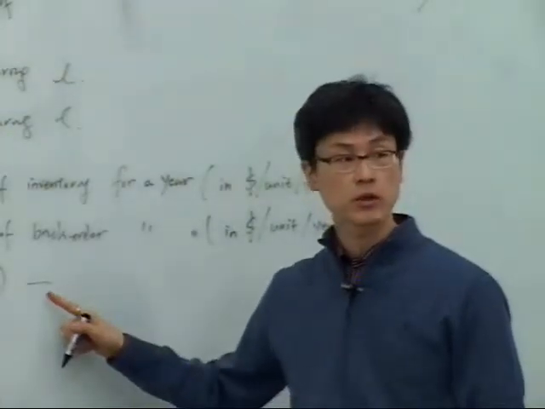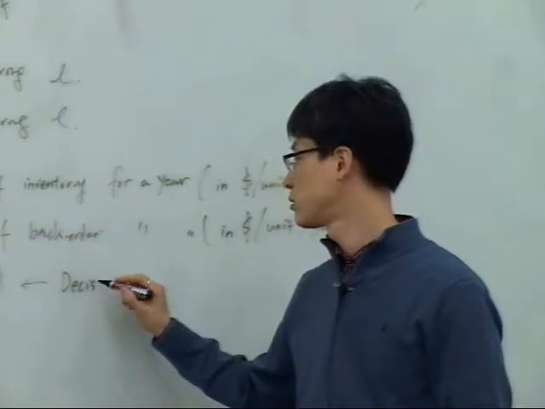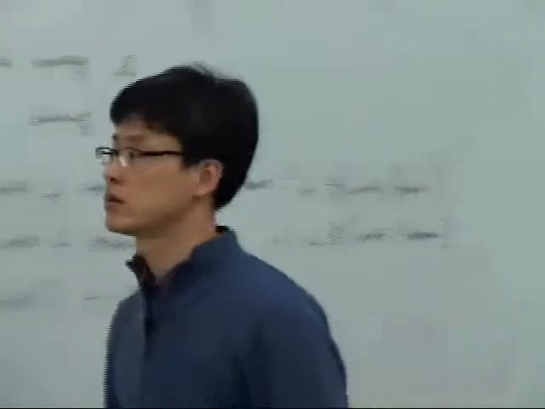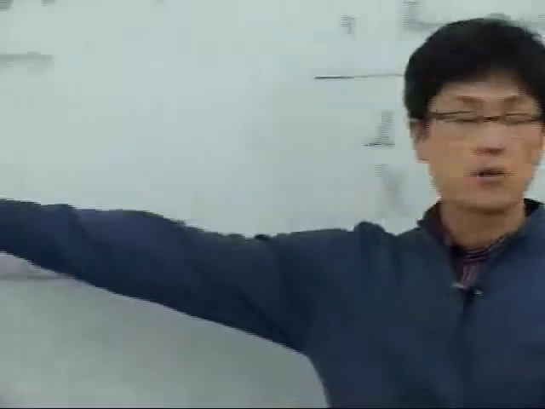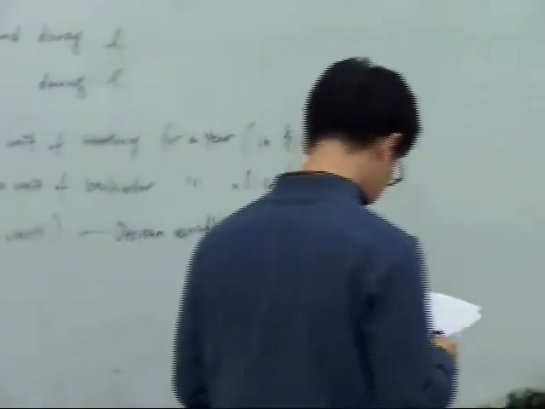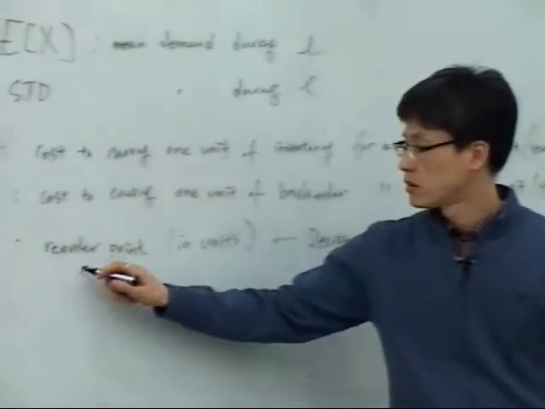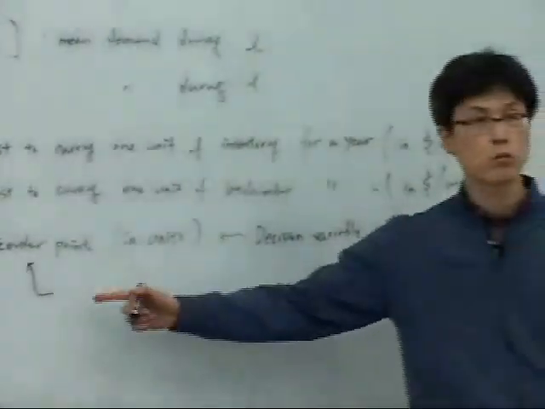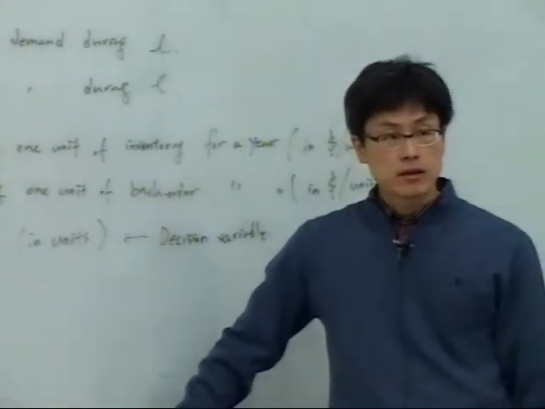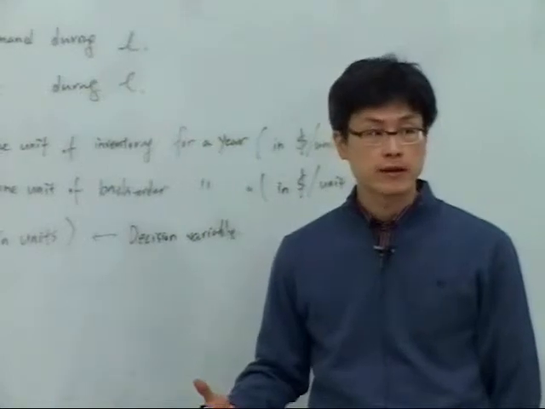So this is going to be our decision variable. It's an inventory level which triggers the replenishment order.